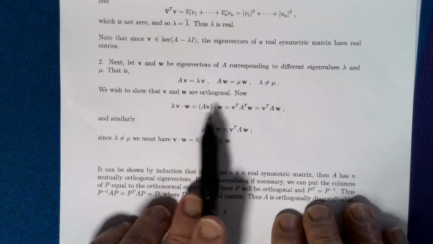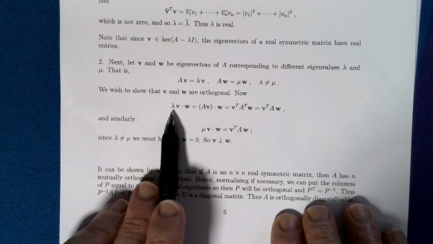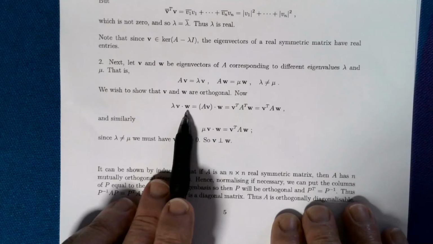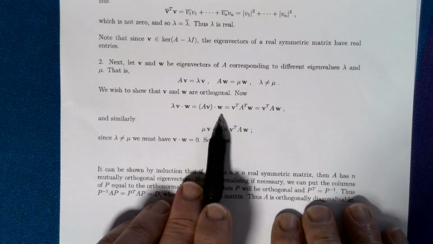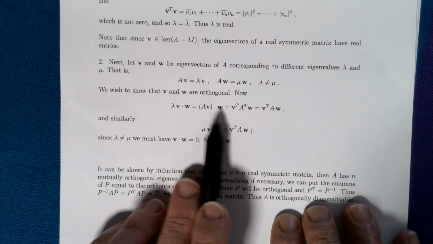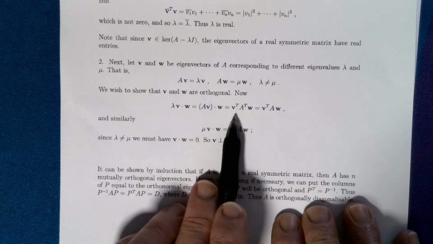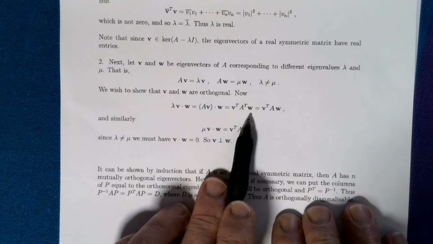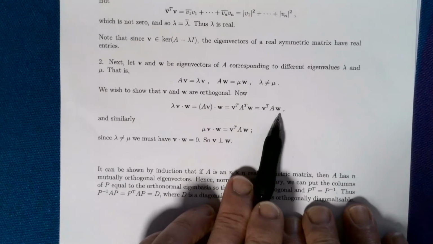So if I now dot product, say lambda V with W, then lambda V is just AV, so that's AV dotted with W. And now, remembering what our dot product means, it's the transpose of this multiplied by this, so you take the transpose backwards. So V transpose A transpose W. Now A is symmetric, so A transpose is equal to A, and AW is just mu W.